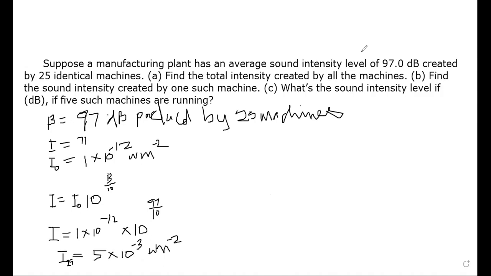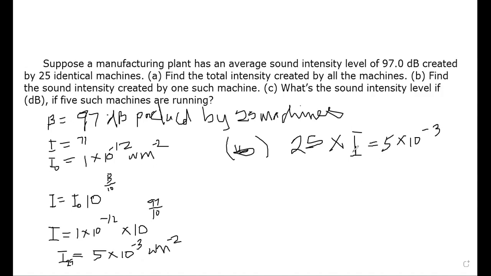Okay, so this is B. We will simply say, since it is 25 that produced this value, we will say 25 times I, which is this value of I, is equals to the intensity, which is 5 times 10 to power minus 3 watts per meter square.